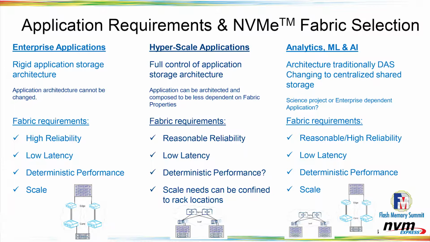Of course, depending on what the customer already has, they will be inclined to go one way or another in their selection. But secondly, if you look at it from an application perspective, some applications have more freedom than others in the selection of their fabric. What I've tried to do on this slide, and I apologize, it's probably extremely hard to read from back there, is to say: if you look at traditional enterprise applications, the owner of the application has very little freedom to modify the storage stack.